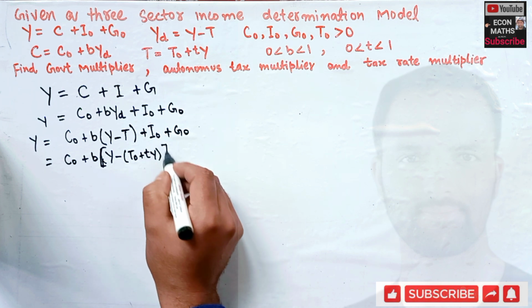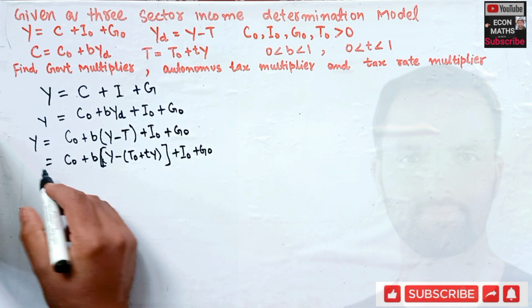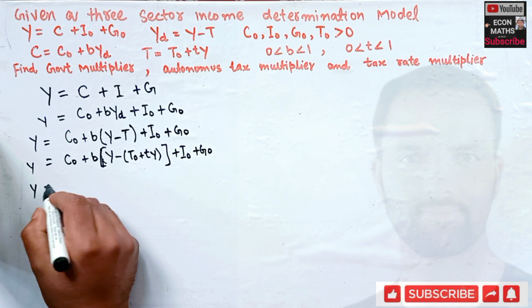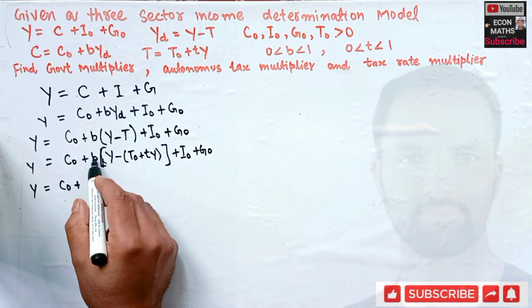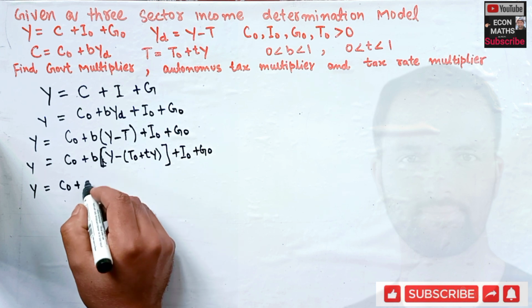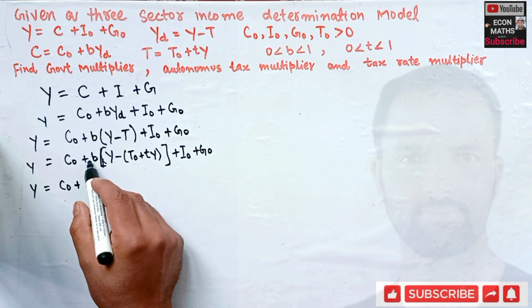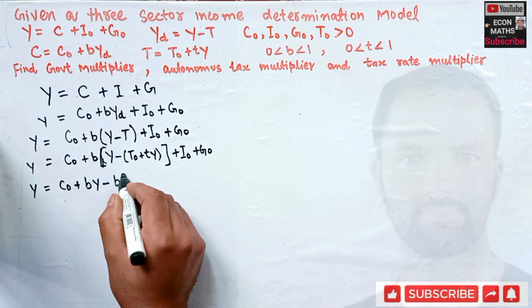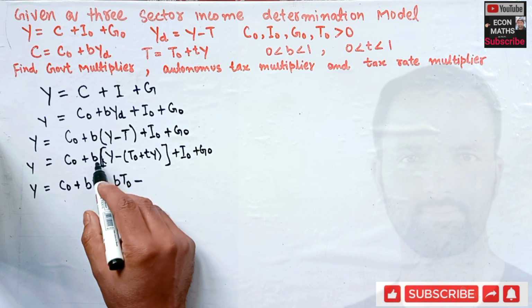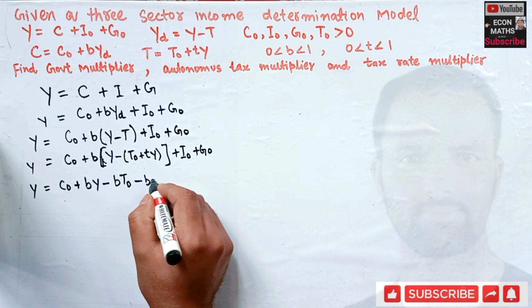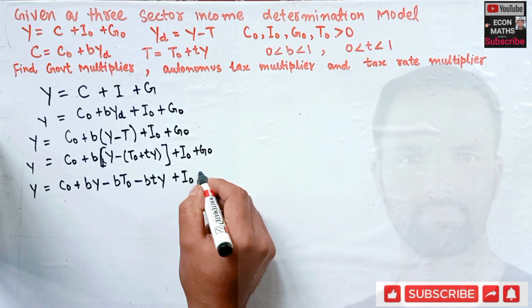Okay, and we have the investment and government expenditure, that means Y is equal to C naught plus B Y, then we have minus B T naught, then we have minus B TY, plus I naught plus G naught.